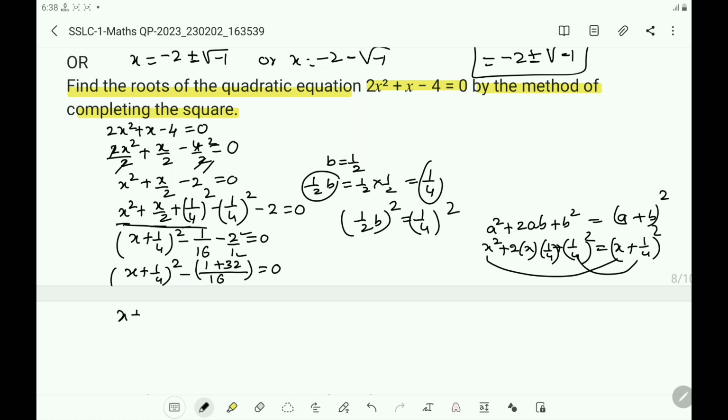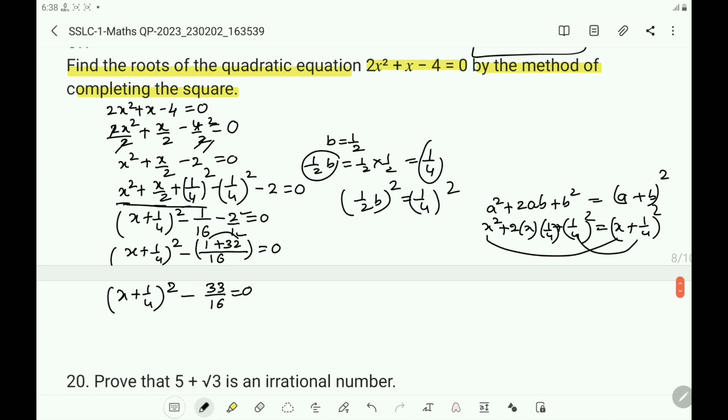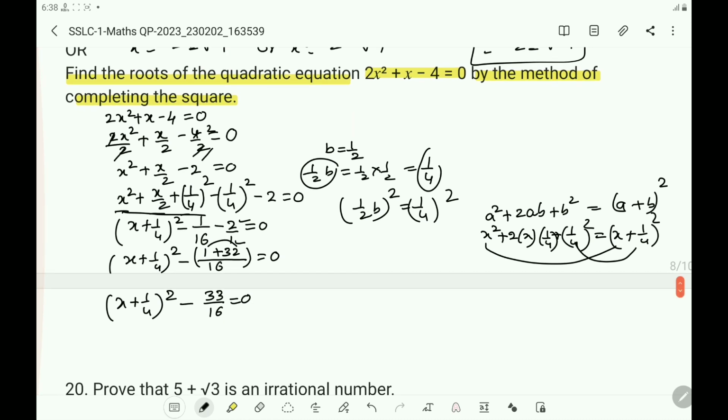Then you write x plus 1 by 4 whole square as it is. Then minus 32 plus 1 is 33 by 16 equals 0. And you transfer this minus 33 by 16 to RHS.